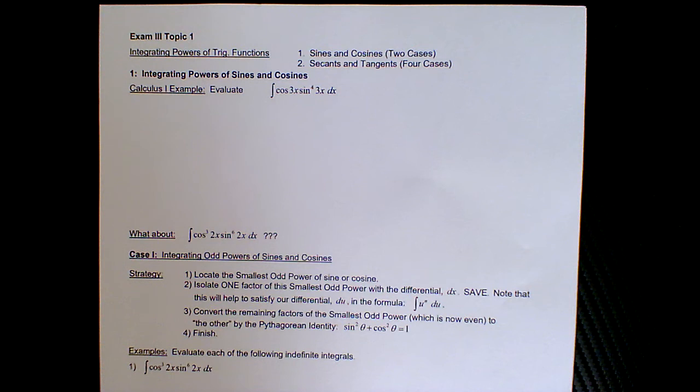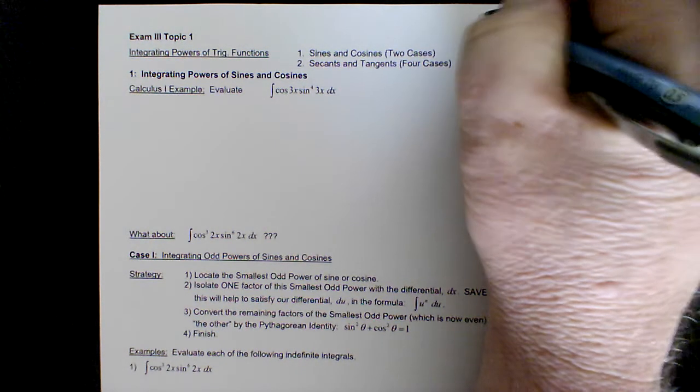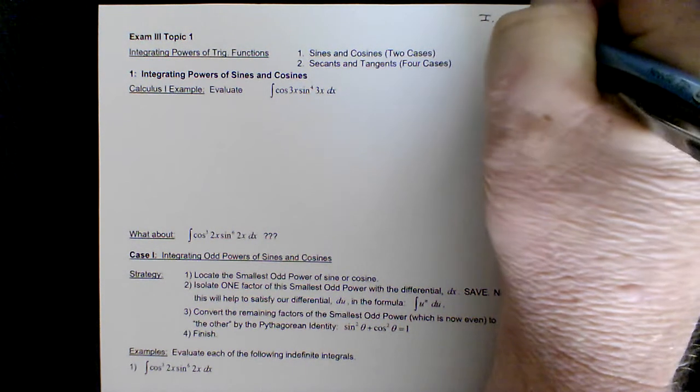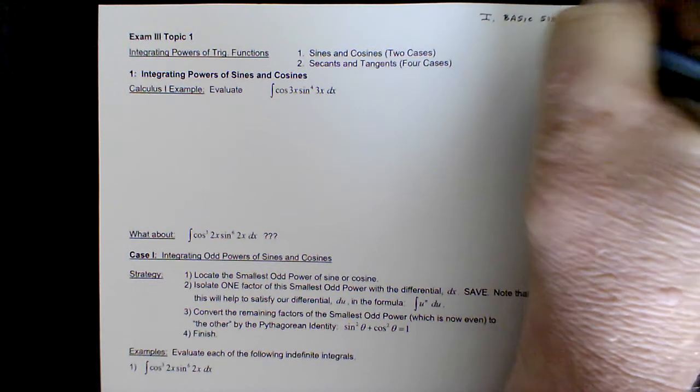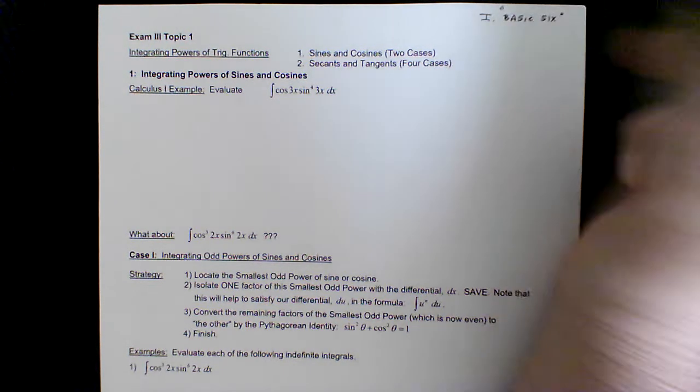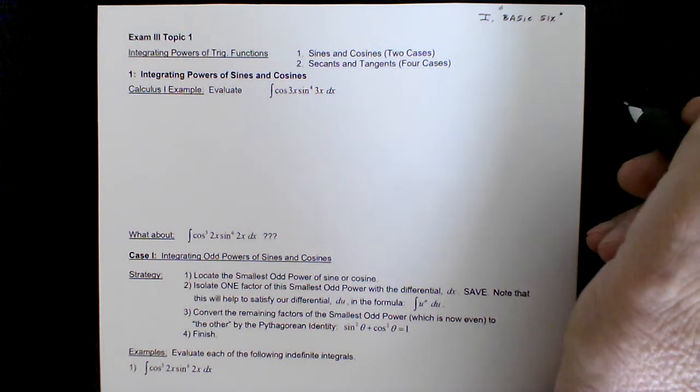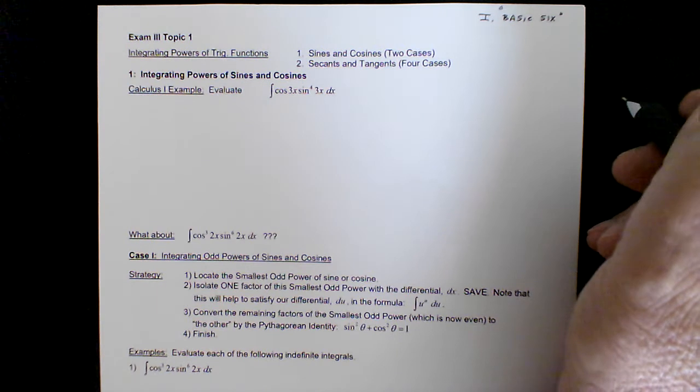So our first topic for exam 3 is integrating powers of trig functions. When we integrate powers of trig functions, basically we have three main considerations. The first is what I always refer to as the basic six, the antiderivatives of the derivatives of the six basic trig functions.